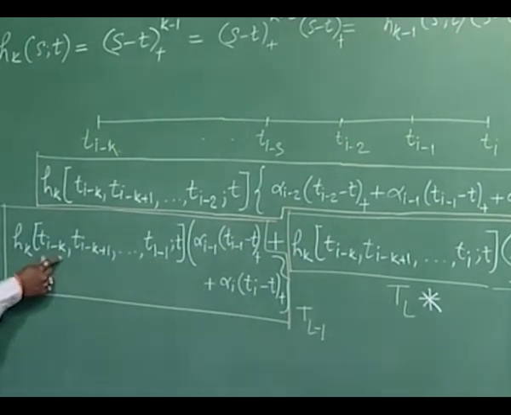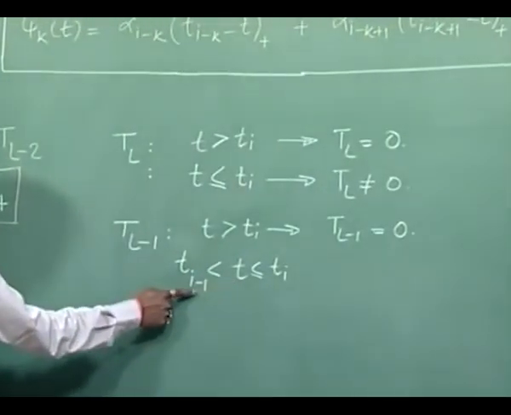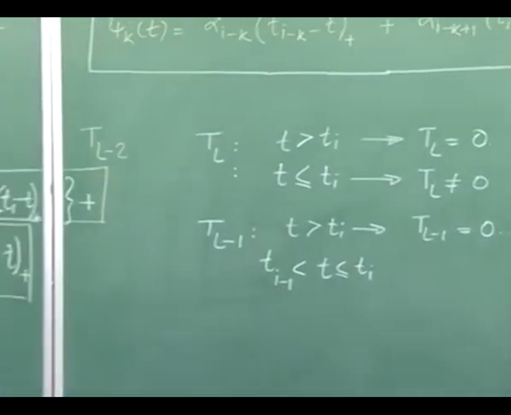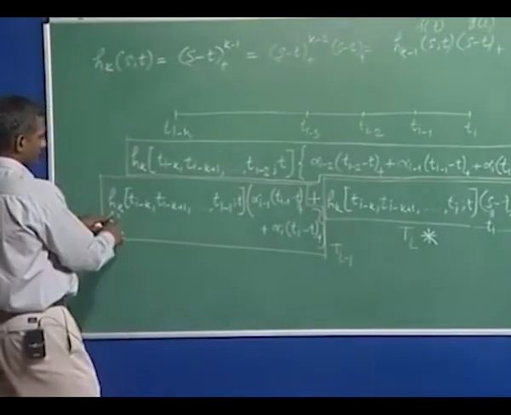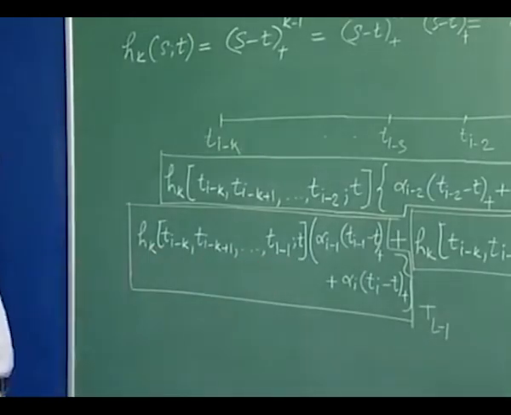The first number here corresponds to t_{i-k}. Now for values of t greater than t_{i-1}, what would you say will happen to this function? Would it be 0? I would think so.